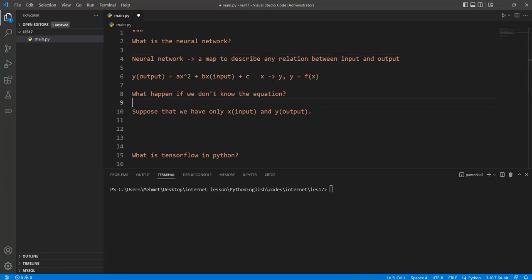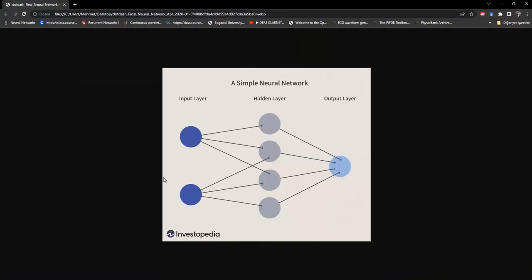And so how can we do that? We have the simple neural network structure in here, like this one. We have three layers in here: the input layer, the hidden layer, and the output layer. In the first place, we should assign the x value or the input value to a specific neuron.